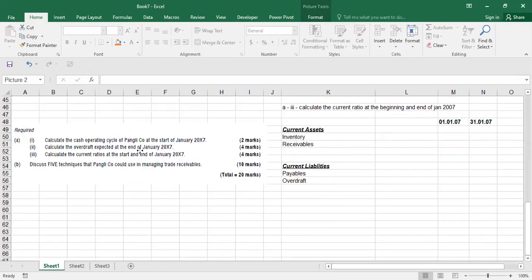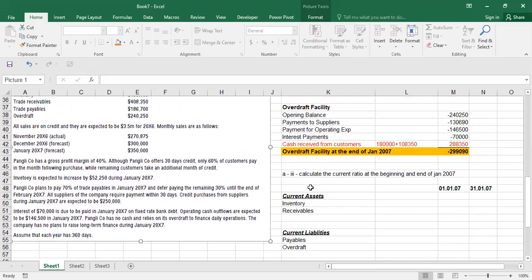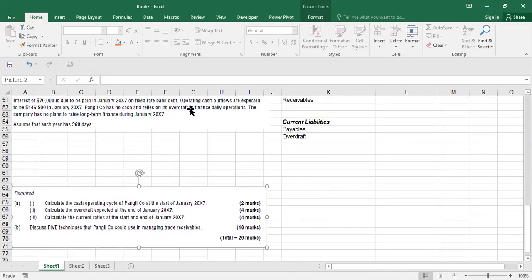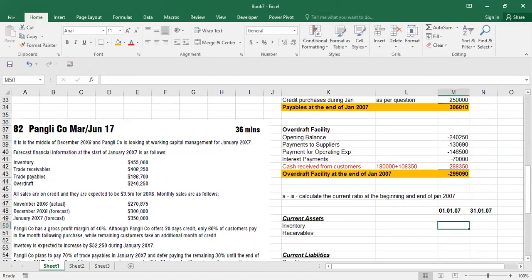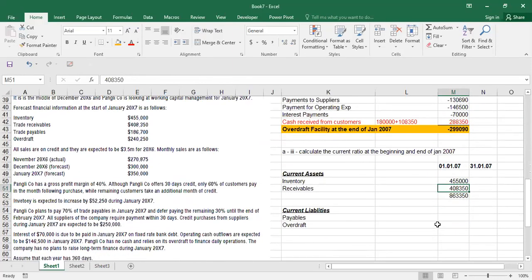So let me just drag down so that we can work comfortably. For current assets, I will take inventory at the beginning, 455,000, and receivables, 408,350. You make a total of these two numbers. This is your opening current assets. And how much were the opening liabilities? Your payables at the beginning were 186,700 and overdraft was 240,250.